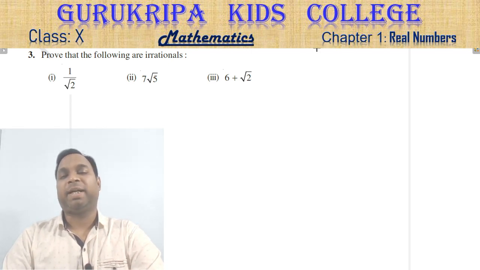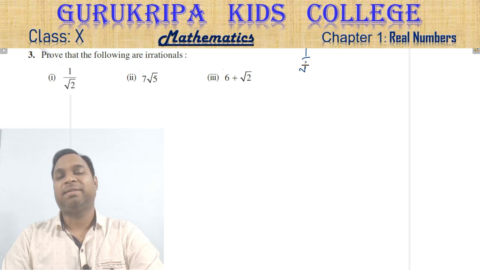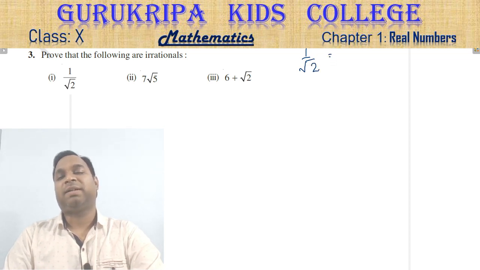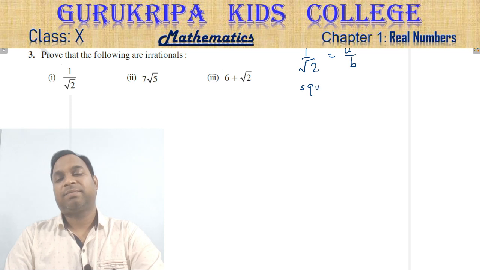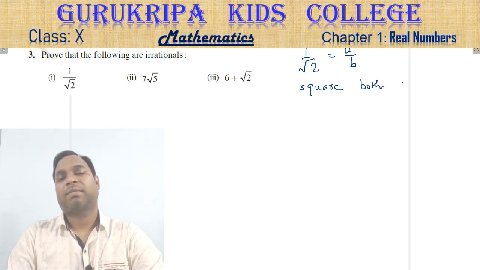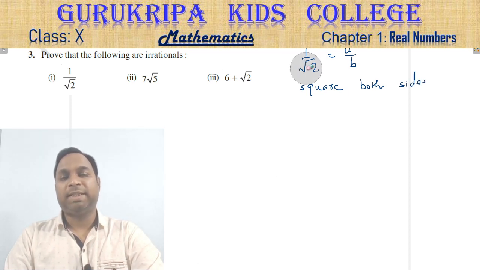Let us assume that 1 upon square root 2 is rational. And when we have assumed that, this will be equal to a upon b, both a and b are co-primes. Now what can we do? We square both the sides. Sorry, we need not do all those details here.